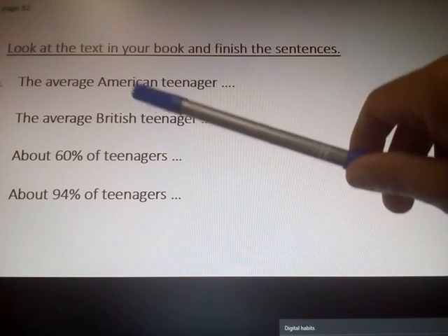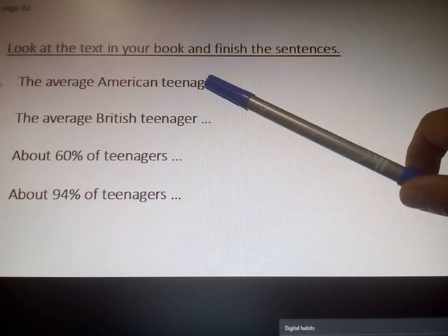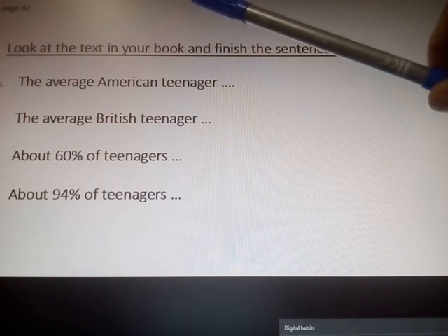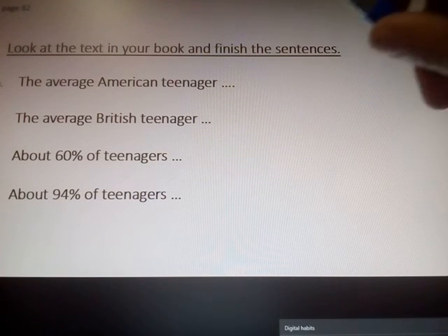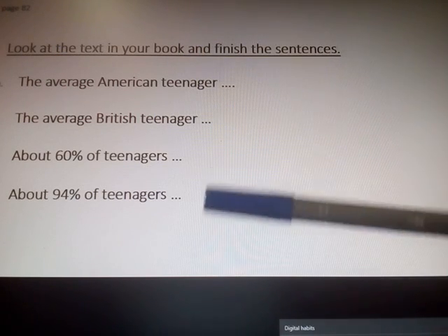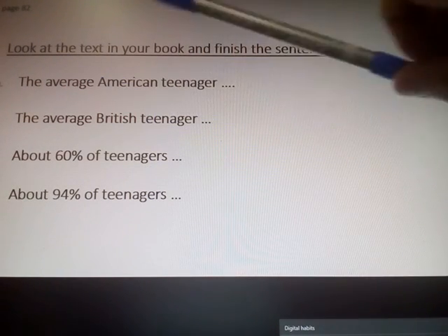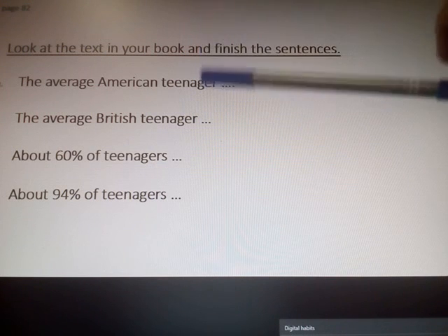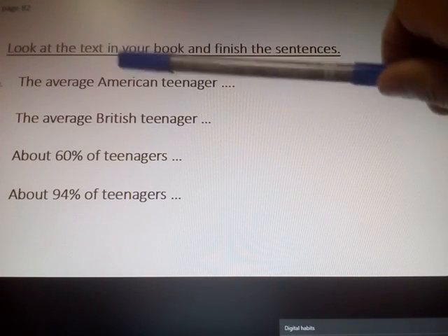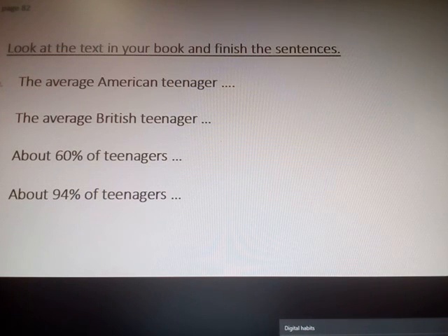So the average American teenager, that's singular. I'm sorry, I just got lost. So the average American teenager, make sure that this sentence makes sense. You can't say the average American teenager spend.